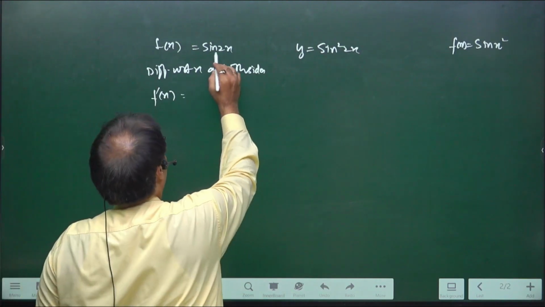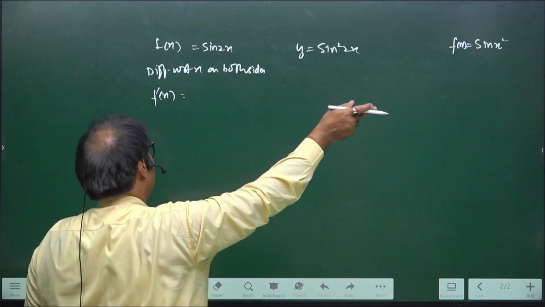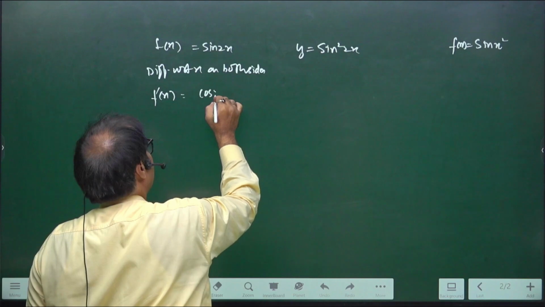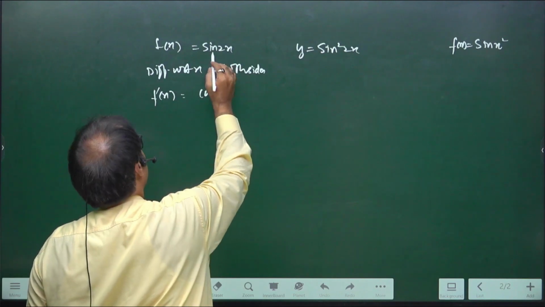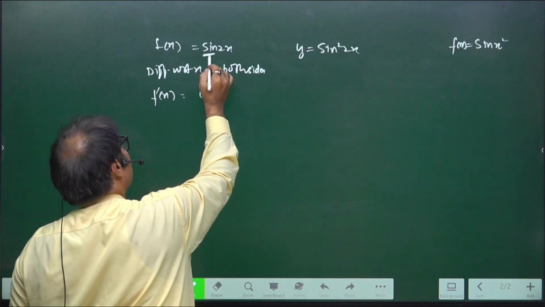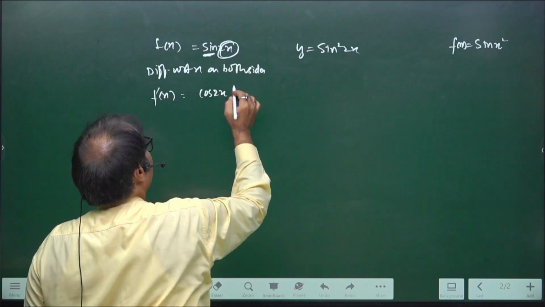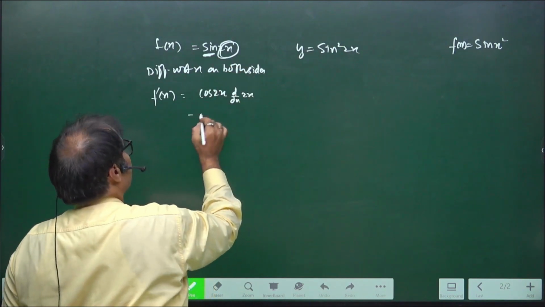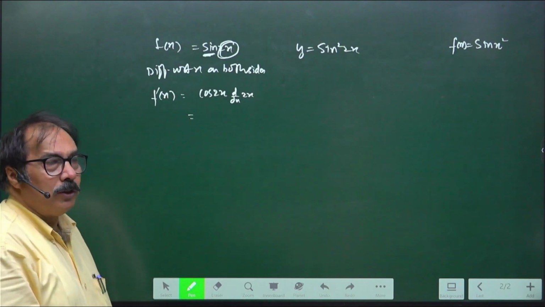The derivative of sin x is cos x, and what is x? That is 2x. Now we have differentiated the trigonometrical ratio, and what is left is d by dx of 2x. So the derivative of 2x means 2.